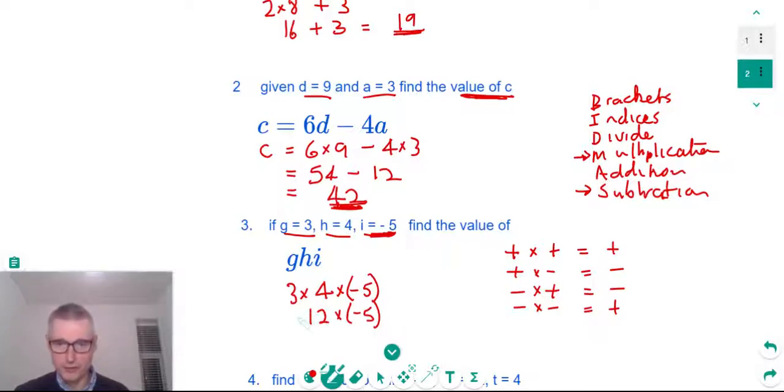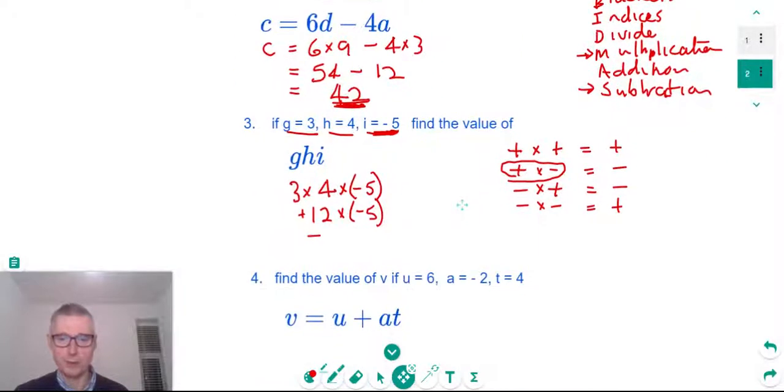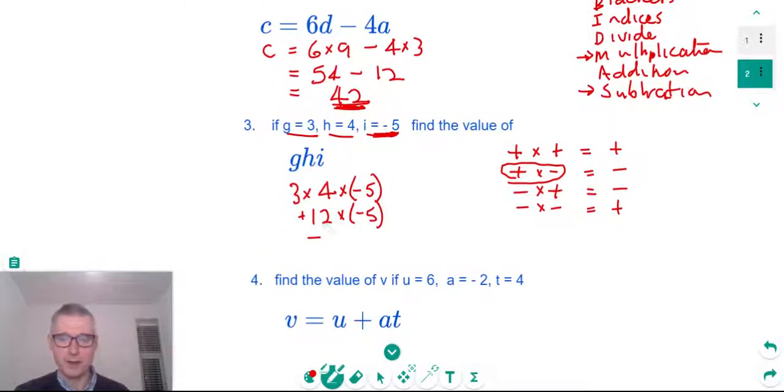We assume it's positive unless it tells us otherwise. So that's positive 12 times -5. So we know the overall sign there is a positive times a negative, and that's going to give us a negative result. And 12 times 5 is 60. So that's our result there, -60.